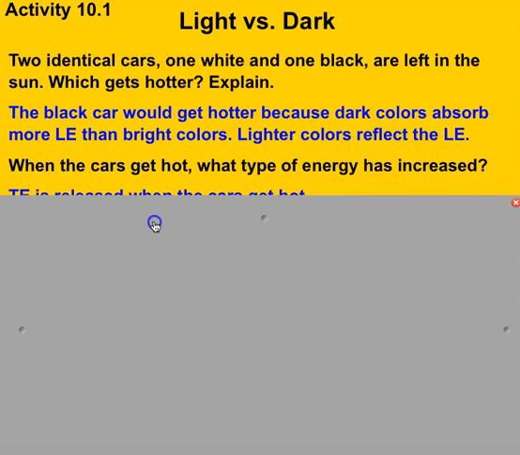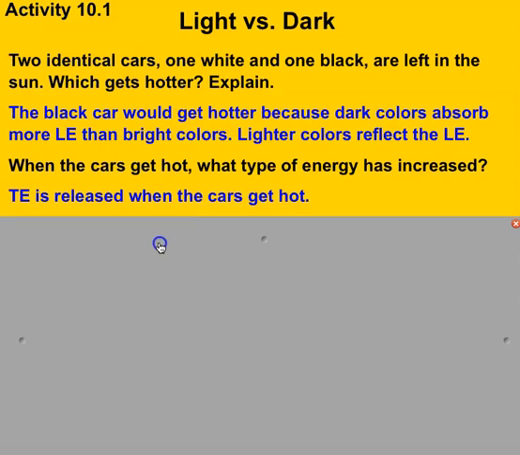Now, when we go back to that car, when the car gets hotter, what type of energy has increased? And it's one that we've studied so far this year. Now, if you're thinking thermal energy, yes, the thermal energy is sometimes really dramatic.